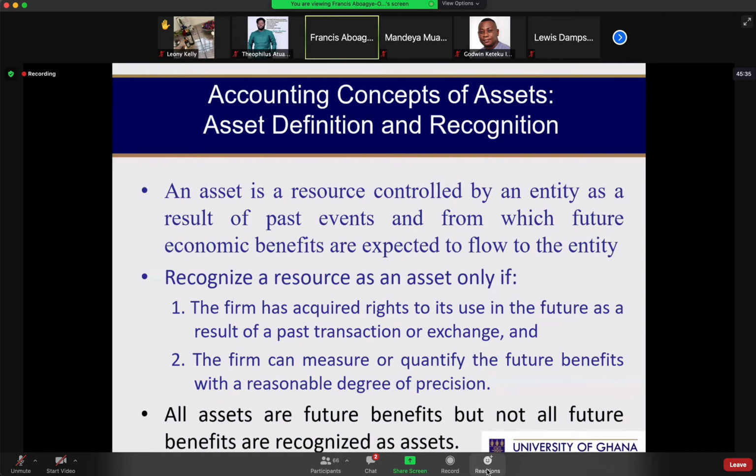So if, for instance, you bought a vehicle for me to lease, then you as the lessor, your asset is not the vehicle. Your asset is the unpaid rentals. Then for me, I have an asset which is the vehicle. So that's how it should be done.